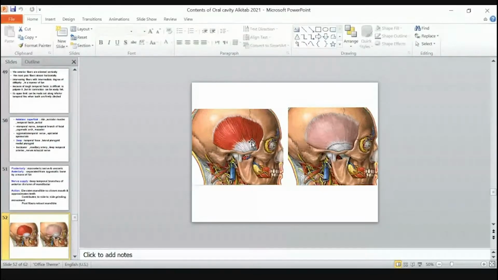Now, the 4 muscles, as I said, are the temporalis, the masseter, medial and lateral pterygoid muscles. We'll start first with the temporalis muscle, the largest in size of all 4 muscles.